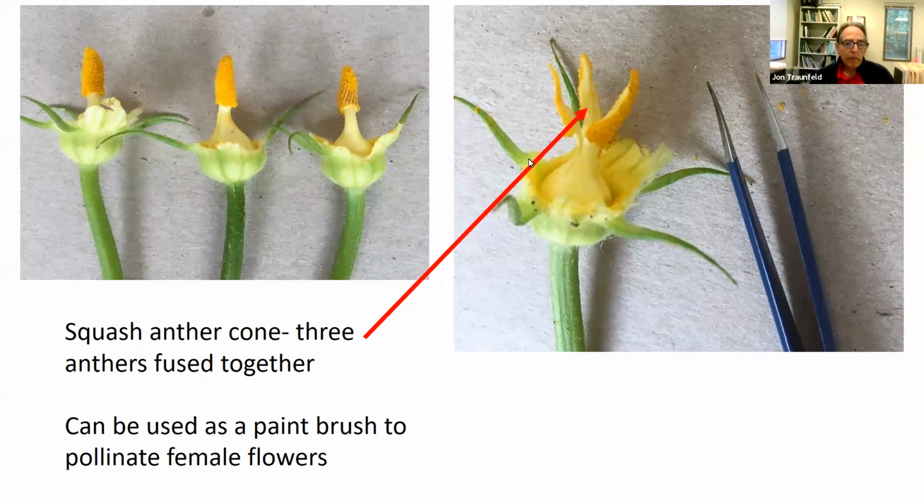And this is the nectary for the flower. If we're going to self or hand pollinate our squash or pumpkin, we can simply cut this stem, this pedicel, and use the anther cone as a paintbrush and paint the female flower.